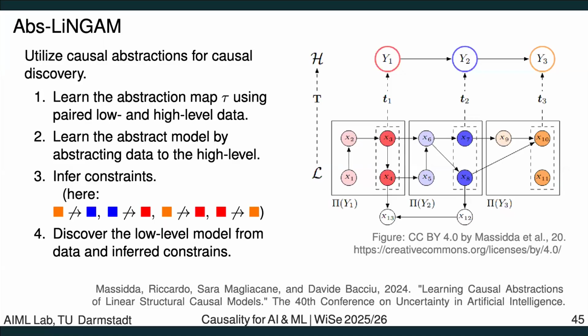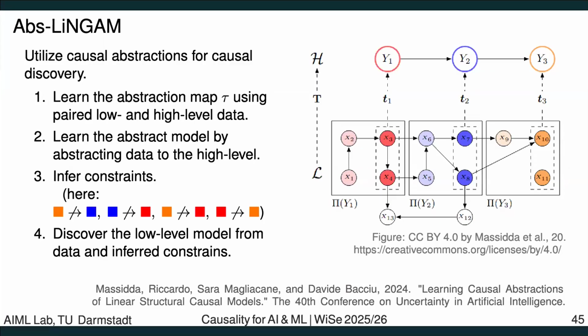Basically, what you could try to do is to mine some high-level causal model out of your data. And then because, as we discussed before, causal discovery might be a bit brittle if you have bigger models, you want to use this simpler and maybe therefore more exact high-level causal model to constrain the discovery on your low level.